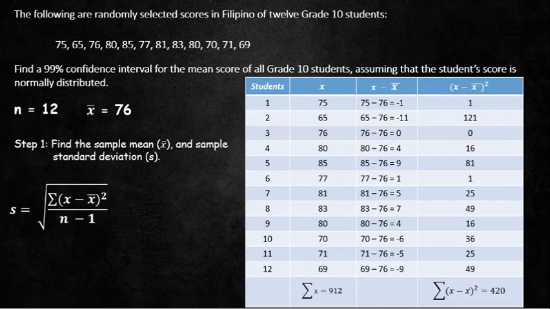The value of our numerator here is the one that we got here, which is 420. Substitute the values and it will look like this. Square root of 420 divided by 11, the result is square root of 38.18. And finally, our sample standard deviation is equal to 6.18.